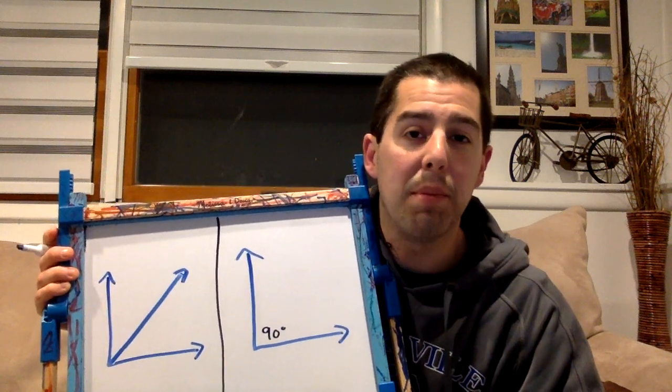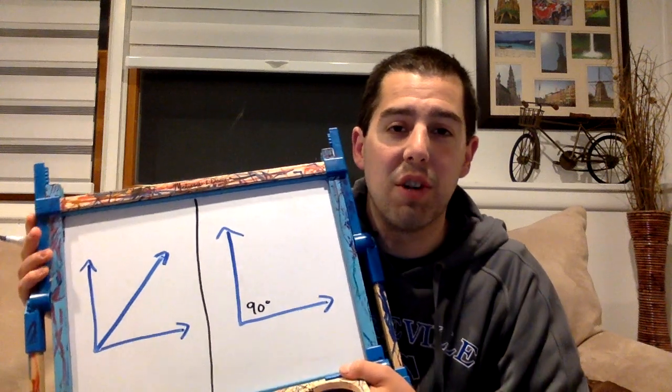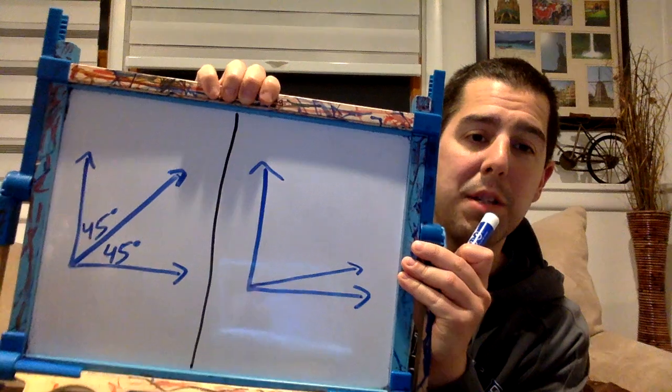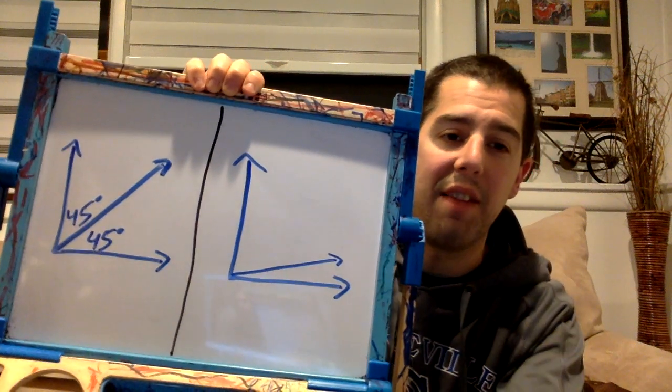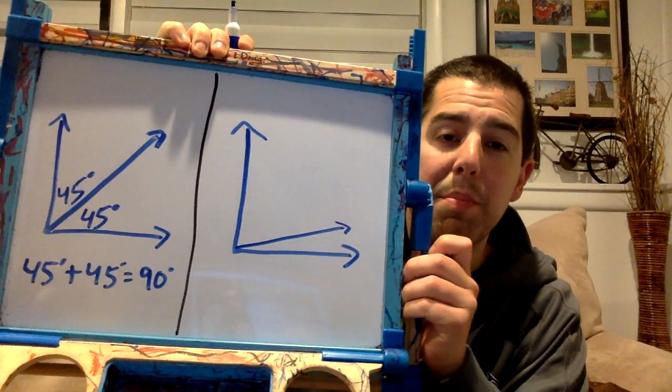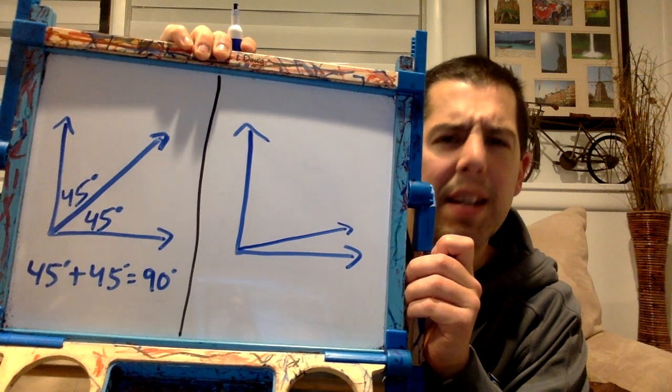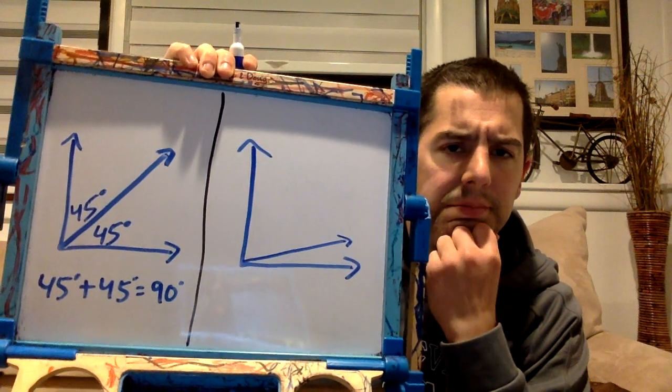That's what makes them complementary angles. Since I drew the line right in the middle, it must be 45 and 45, which adds up to 90 degrees.